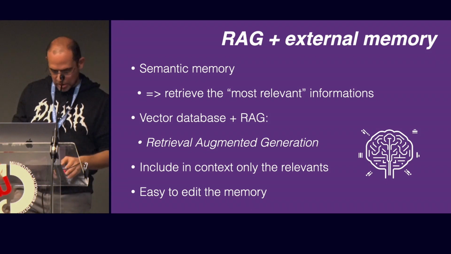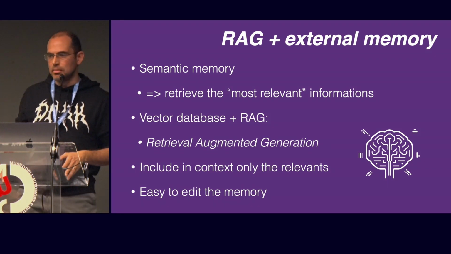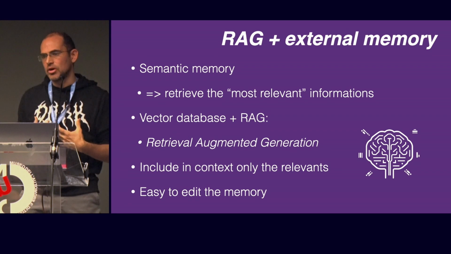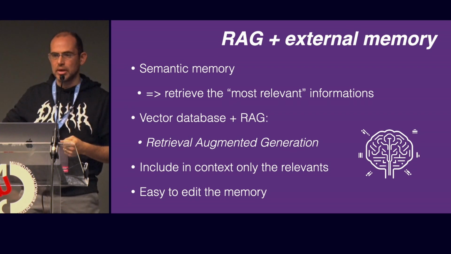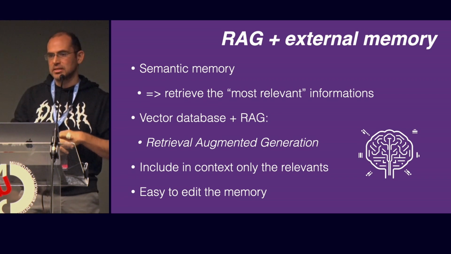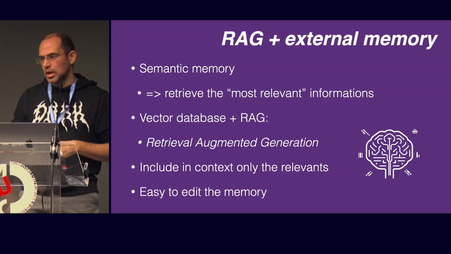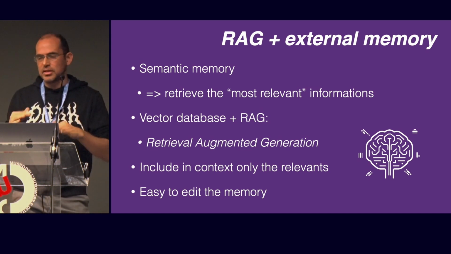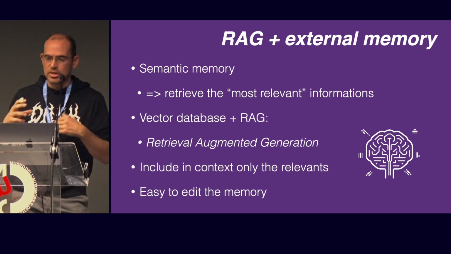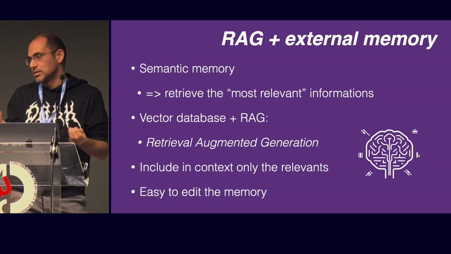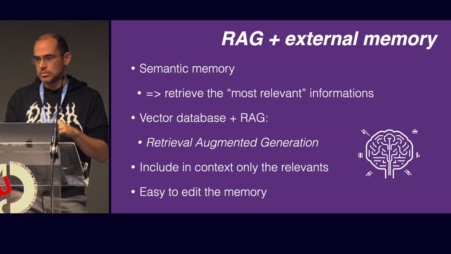Another solution, as Enrico already explained very well this morning, is using RAG. We put our information in an external memory such as a vector database, and before sending the request to our model, we add the relevant information, in our case the relevant recipes, to the language model.